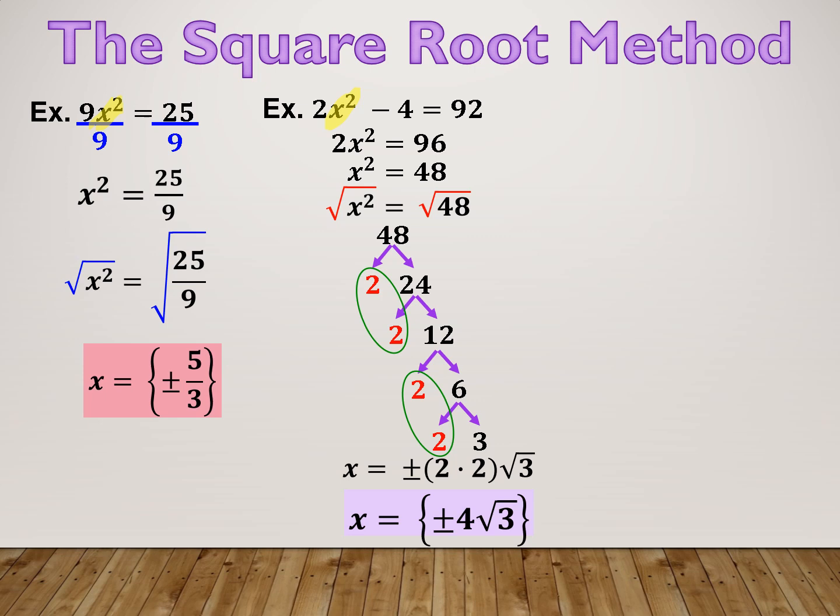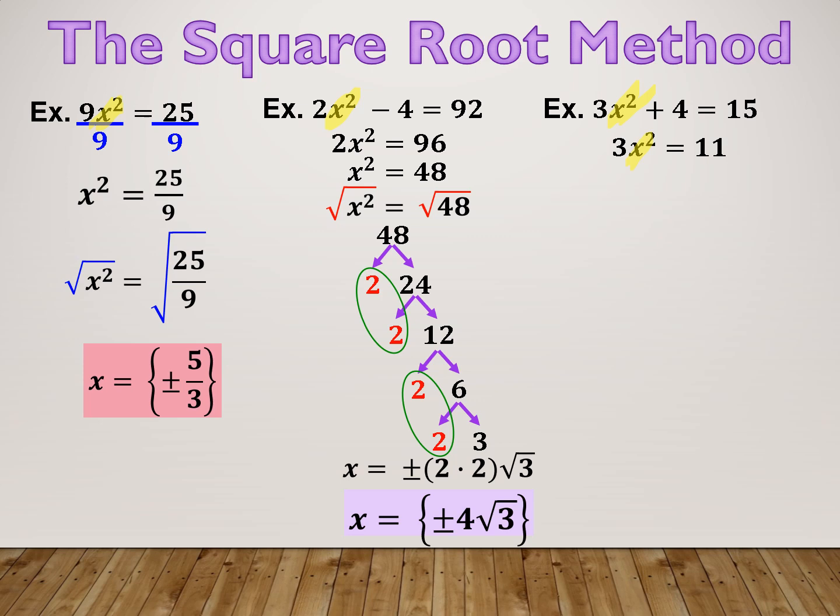All right, let's look at another example. So 3x squared plus 4 equals 15. I'm still working with the fact that I've got to get x squared by itself. So I subtract 4 from both sides. That gets me 3x squared equals 11.